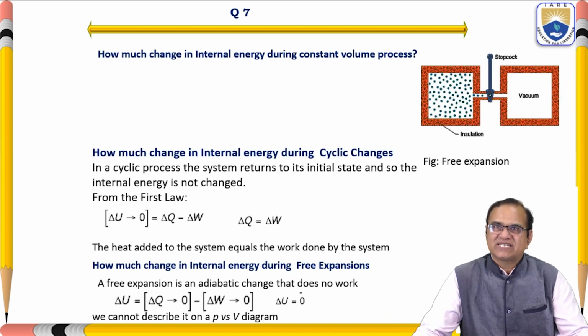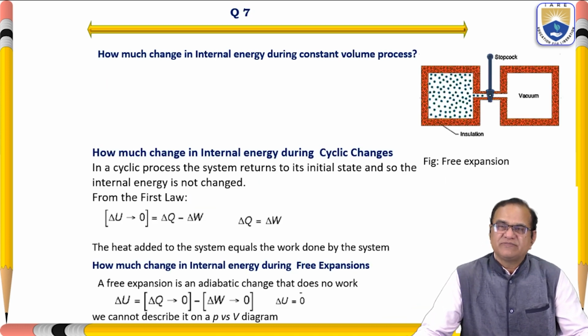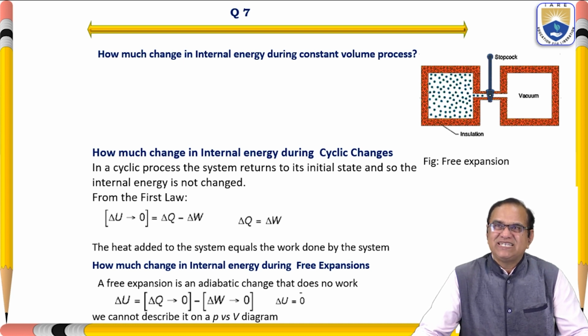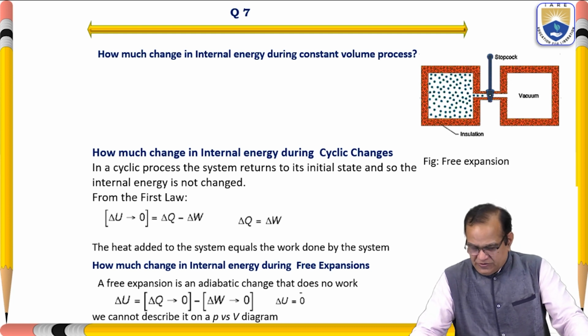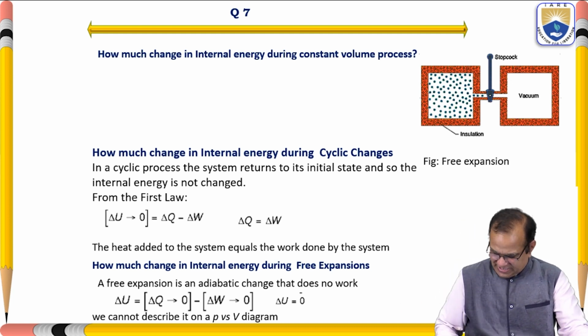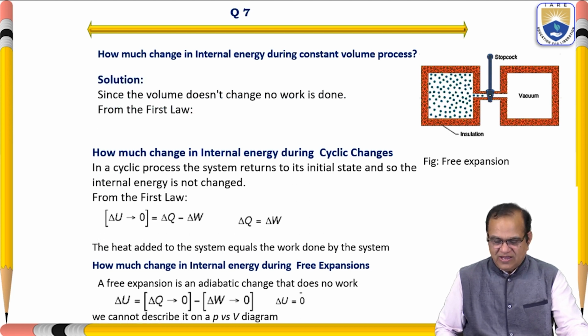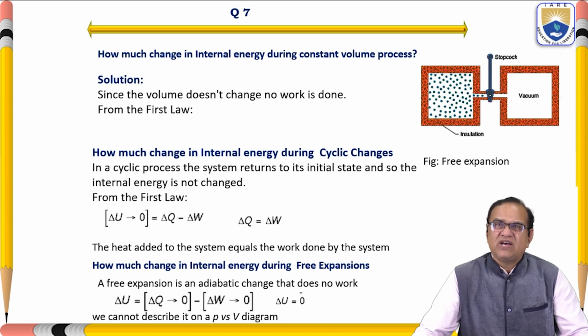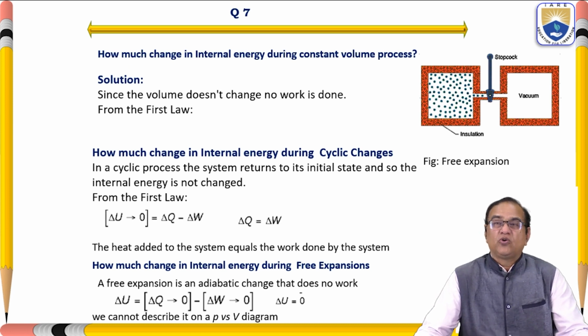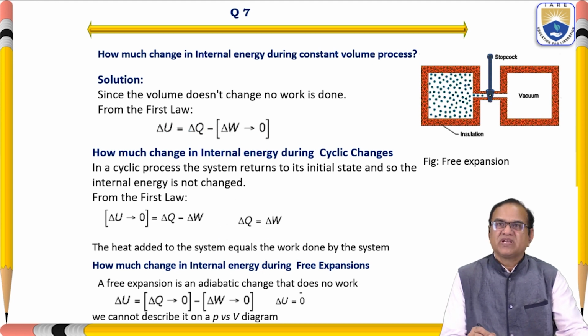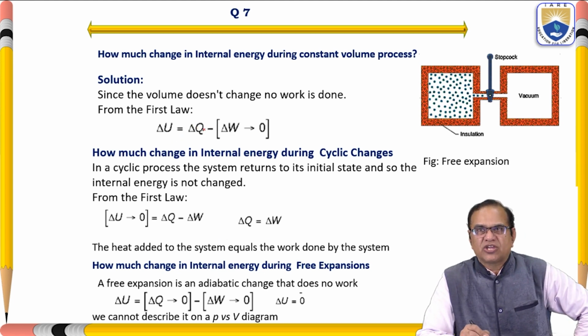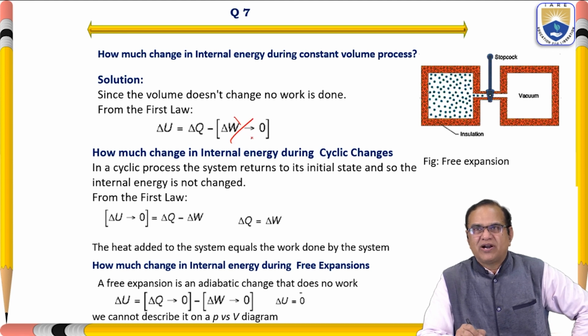Now we will discuss question number 7, that is, how much change in internal energy during constant volume process. So this we have to see here, how much energy is there in the constant volume process. Since the volume doesn't change, no work is done. So from the first law of thermodynamics, delta U is equal to delta Q minus delta W. This part is 0.